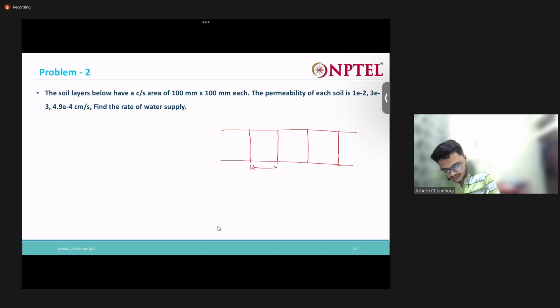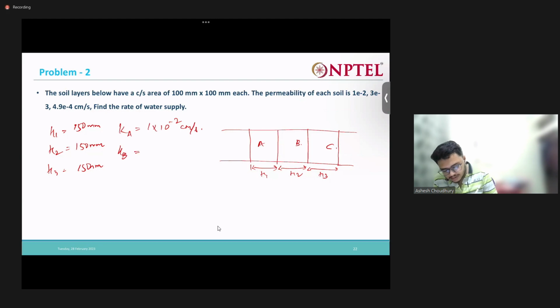Okay, so this one is known to me. H1 is 150 mm, H2 is 150 mm, and H3 is also 150 mm. These are three soils, and they have the same cross section. The permeability of A is 1 × 10^-2 centimeter per second.